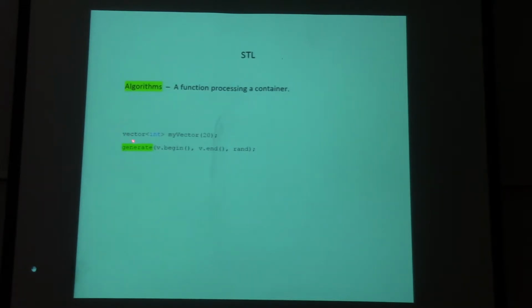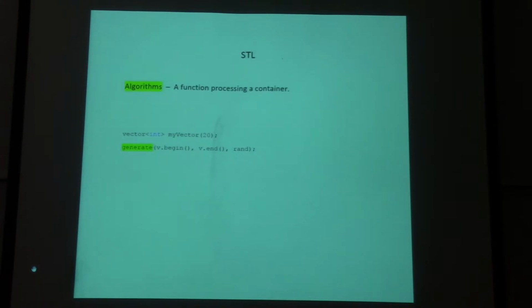If this was a vector string or a vector double or a vector long double, then the pointer would be a different pointer, but you don't care about it. You don't have to know about it. So basically, you're getting the address of the first element, and here you're getting the address of the end of the last element, which means the beginning of the no element. You're at the end of the buffer.